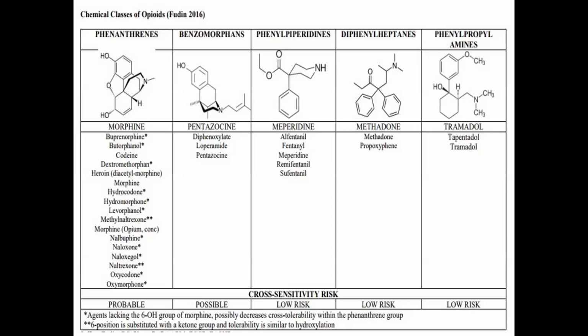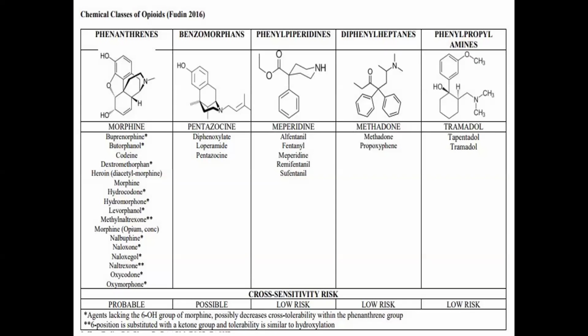Then we have the diphenylheptanes, such as methadone and propoxyphene. Propoxyphene is not produced anymore. It was stopped. It was a weak opioid, had some arrhythmogenic side effects, so they basically stopped its production.